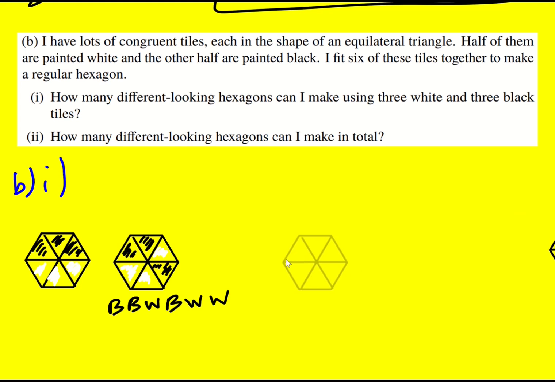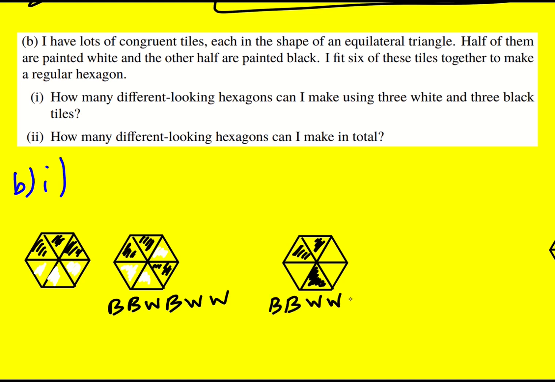So if we look at another one, well, I could make these two black again, but instead of having black, black, white, black, I could have black, black, white, white, black. That's going to be different looking, as you can see here.